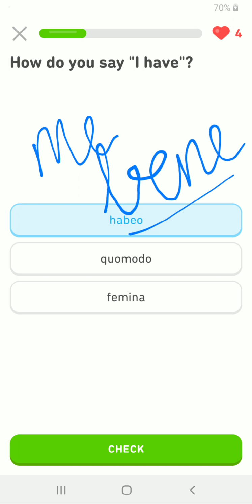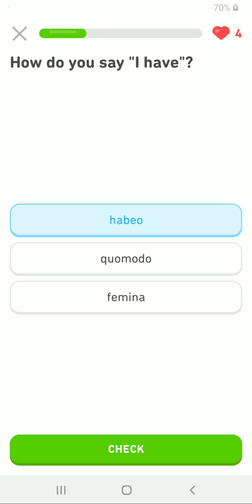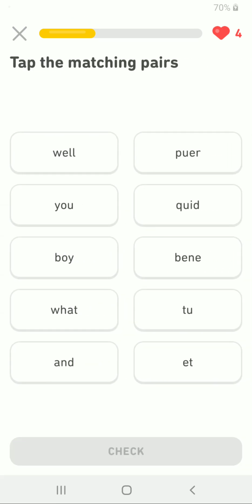Here you go. Me bene habeo, and that means that I am doing well. But as you can see, habeo is I have. So they don't say I'm doing well, they say like I am having myself well or something. That would be the literal translation.